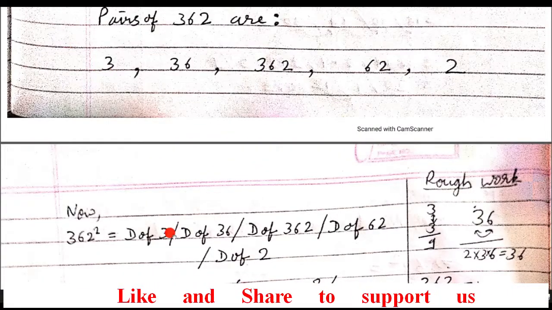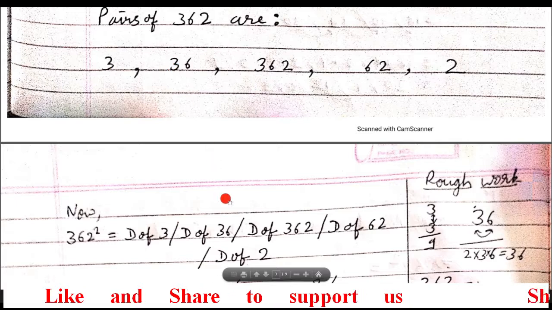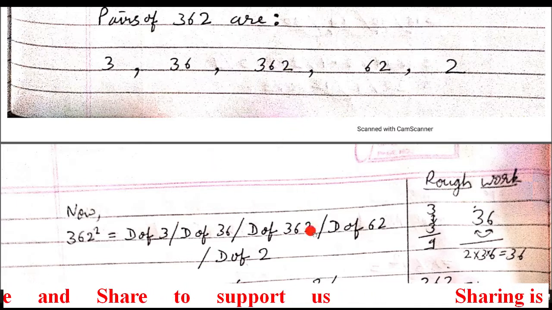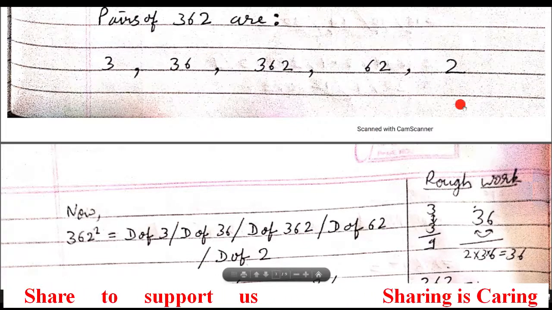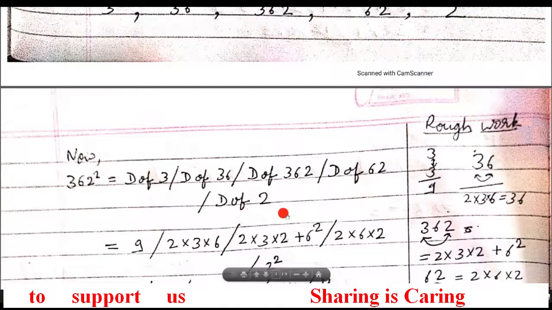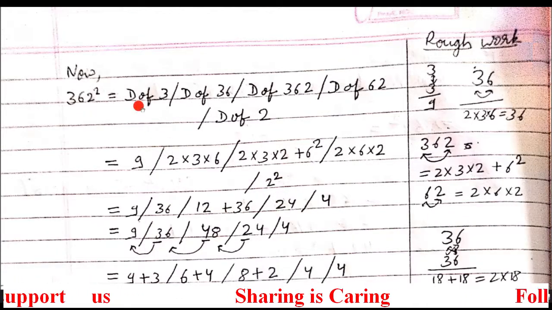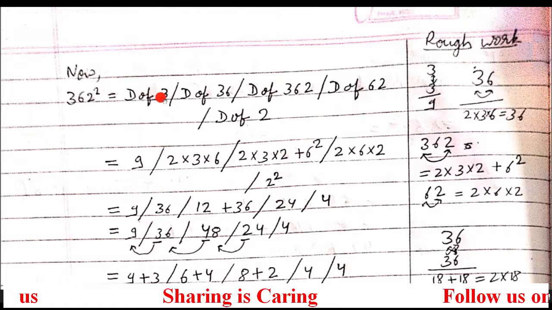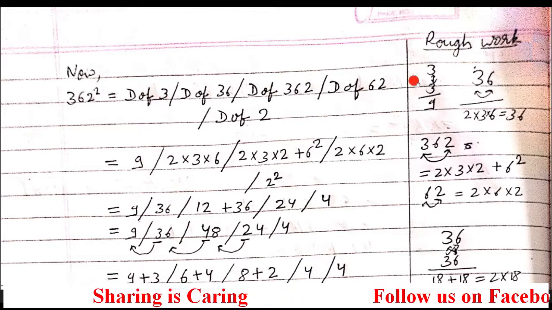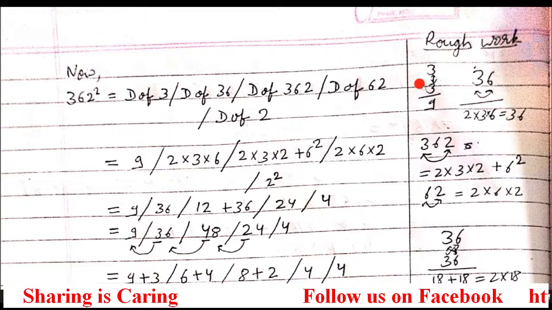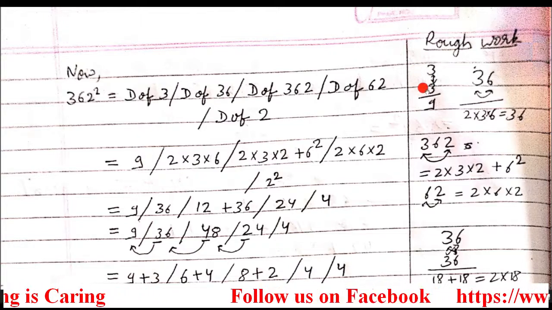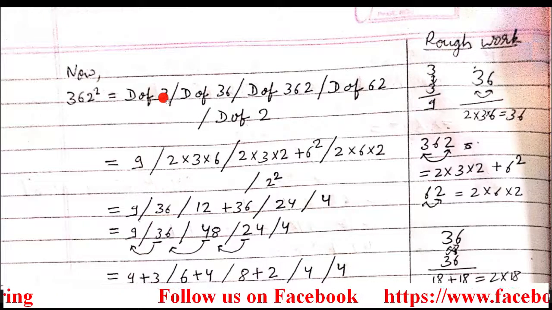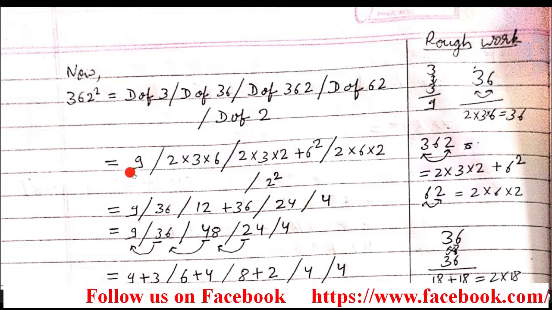See here 3, here also 3, then 36, then 362, then 62, then here 2. Now we will learn how to find the dvandva of 3. To find the D of a single number, you put it like this, then put the arrows. 3 threes are 9. So the dvandva of 3 is 9.